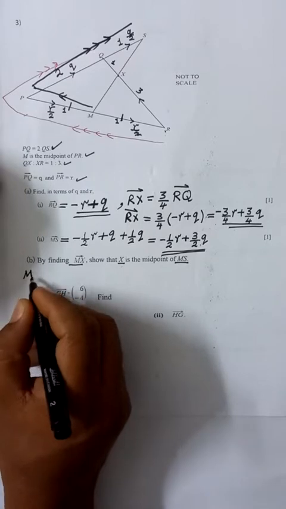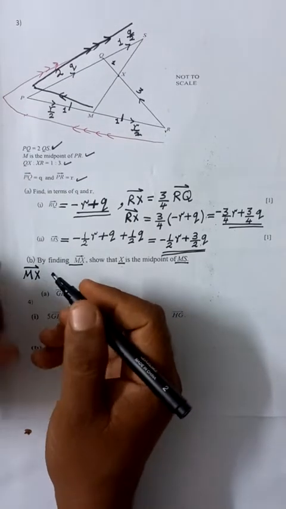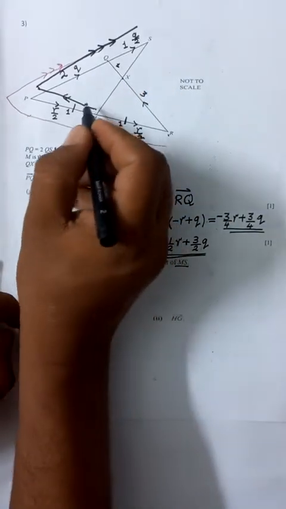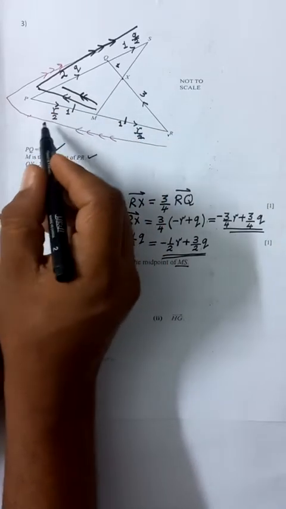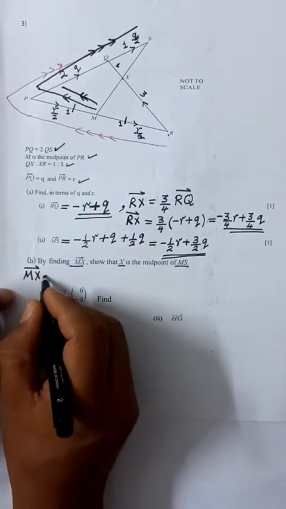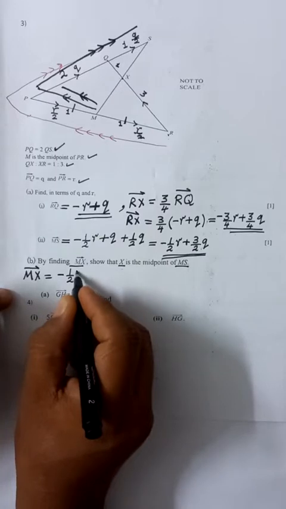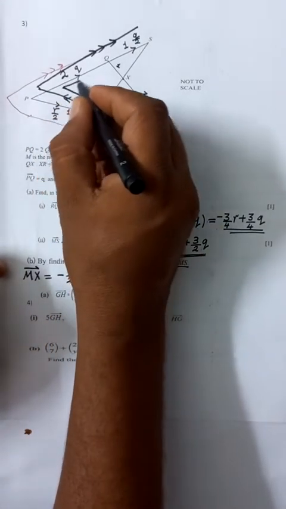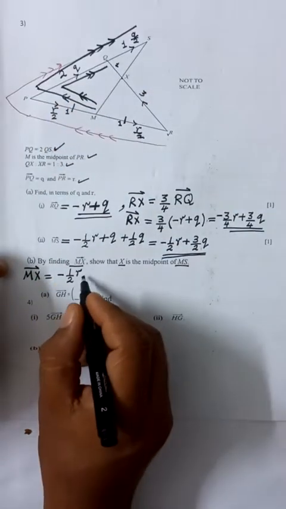Here is MX, the vector MX, M until X. I can go in this direction, which is opposite to R over 2, which is negative R over 2. That means negative half R. When I say R over 2, that means half R. Then I can go in this direction, which is the same direction as Q, plus Q.